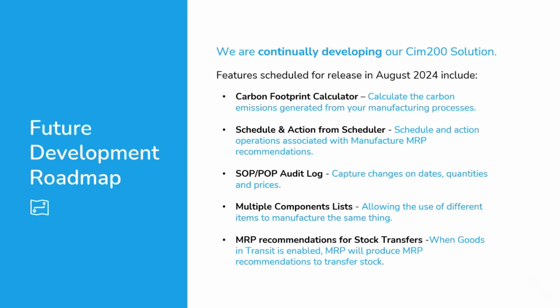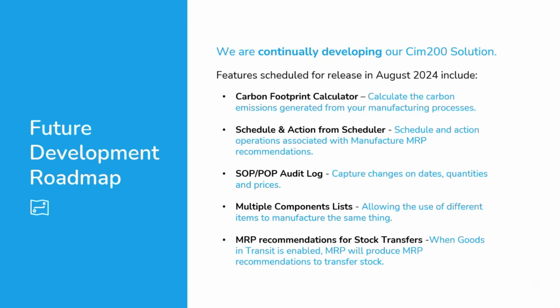So you may have something that you can make with alternative components. So you will be able to list all of those material lists against the bill of material record and utilize those on the works order processing.